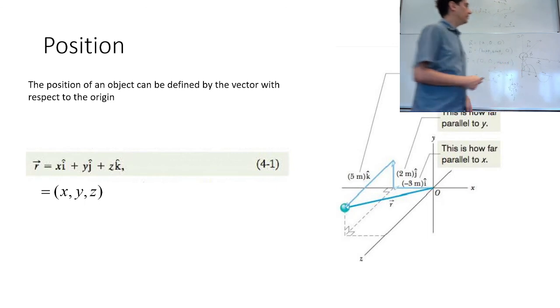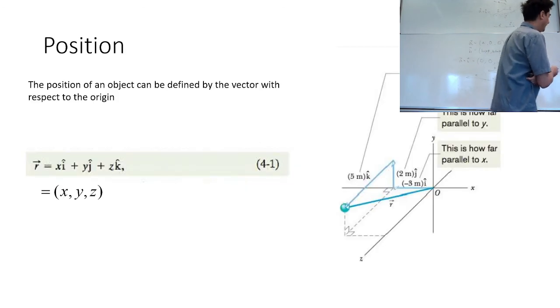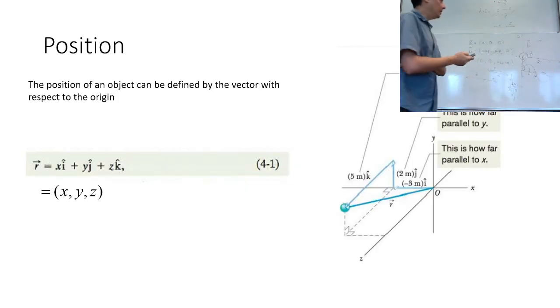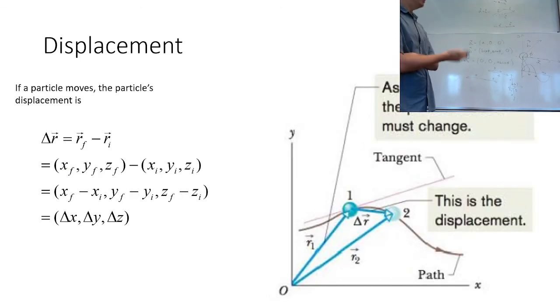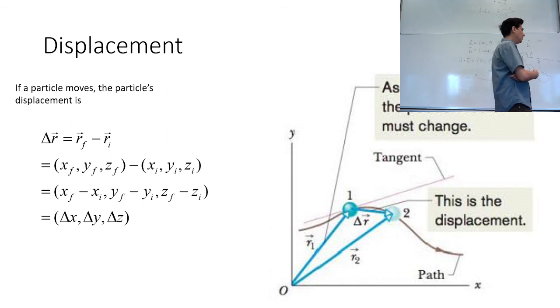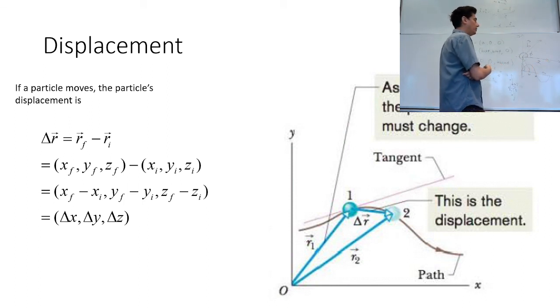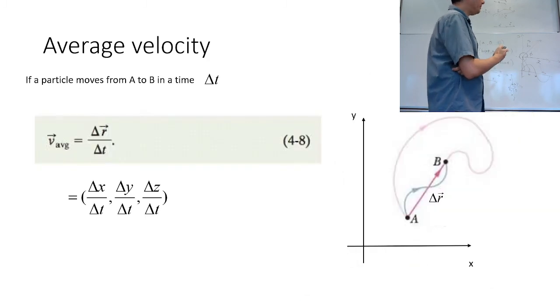All right, so let's get back onto motion in 2 and 3D. Just to quickly recap, we did position vectors and displacement vectors. That's just a change in the position vectors, so basically final position minus initial position.